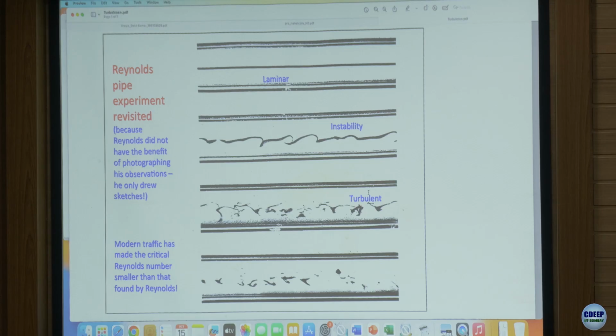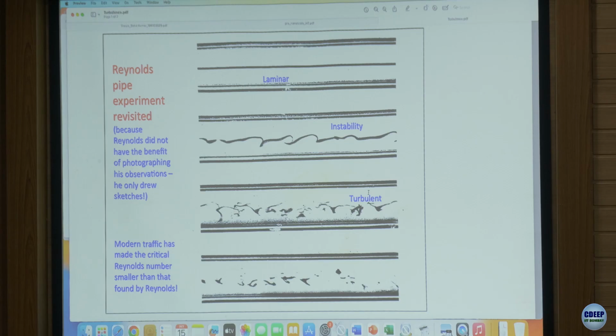They did that, and what was very surprising is that the critical Reynolds number the people were finding in the same setup was very different from what Reynolds reported. So the question arises, what is creating this difference?